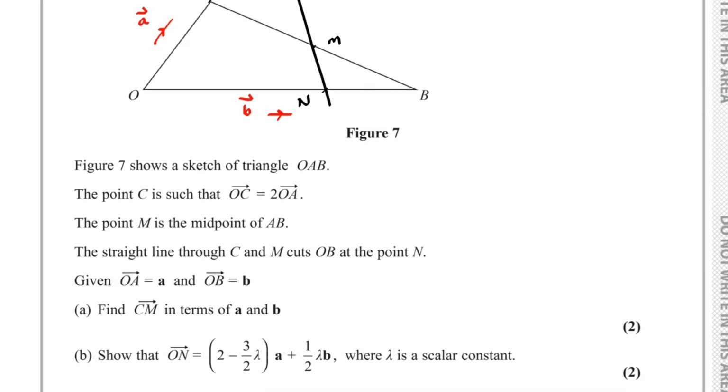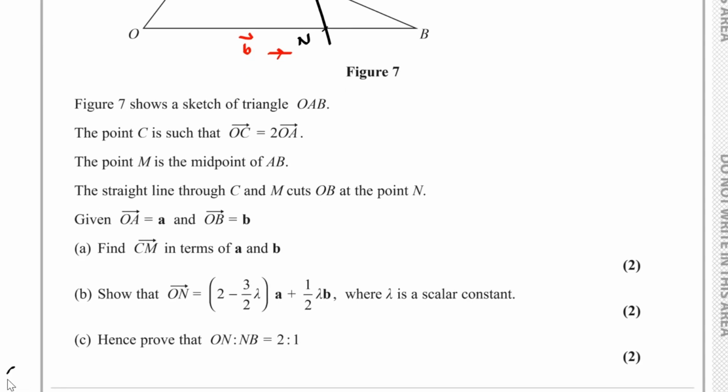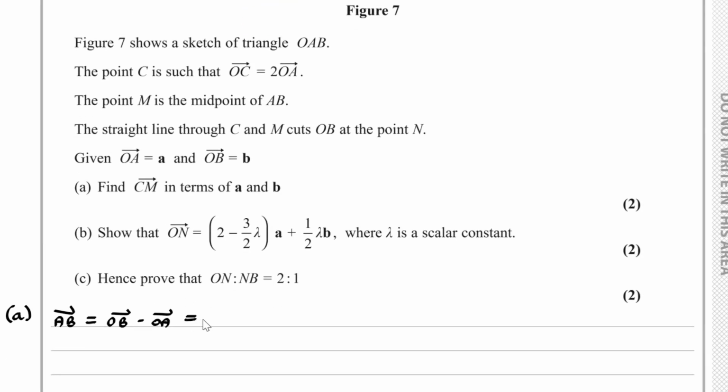So this is nothing more difficult than what you'd find at GCSE. We've got AB, that's equal to OB minus OA. So we've got the vector OB, that's b, minus the vector OA, that's a.